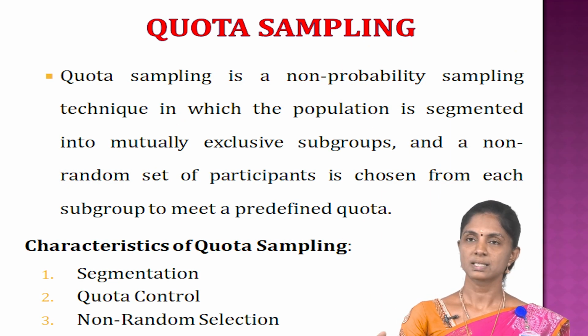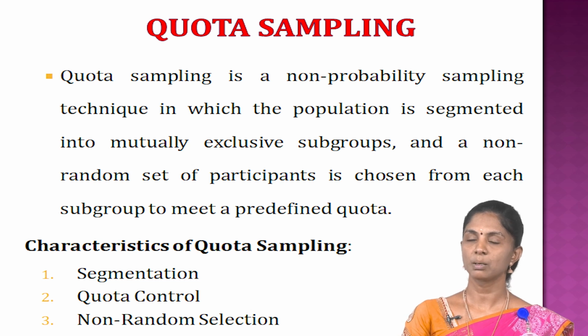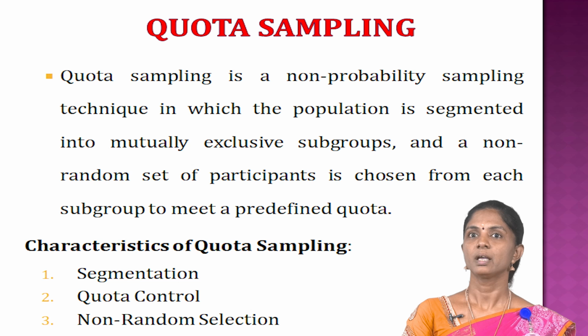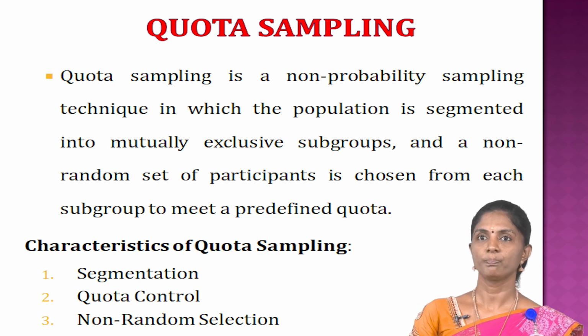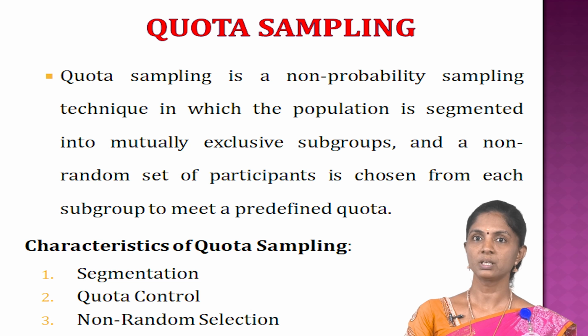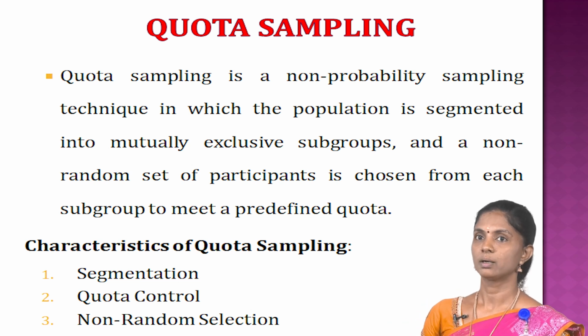Next, quota sampling. Quota sampling is also a non-probability sampling in which the population is segmented into mutually exclusive subgroups and a non-random set of participants is chosen from each subgroup to meet the predefined quota.